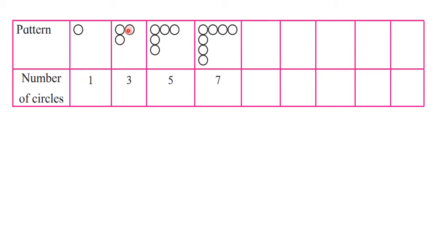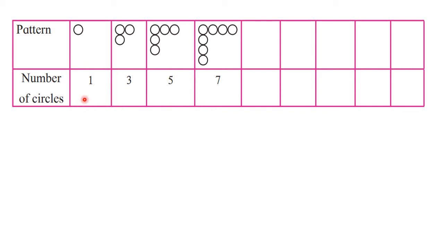So the next pattern has three circles, then again one circle is added at both places, so it has five circles. When one more is added, seven circles. So immediately you can say the next number: when one more circle is added at both places, you are going to have nine circles.